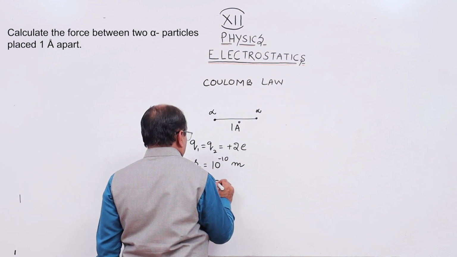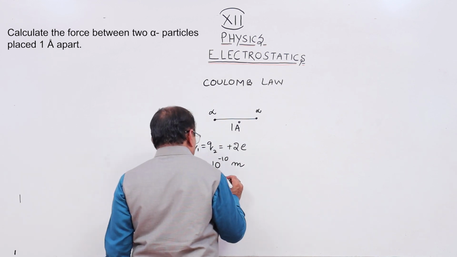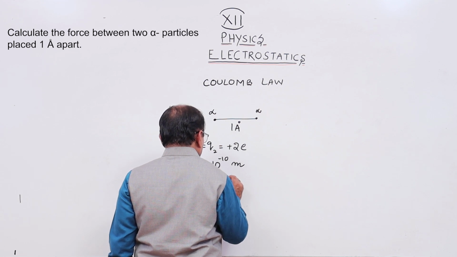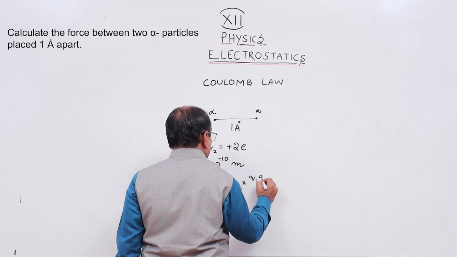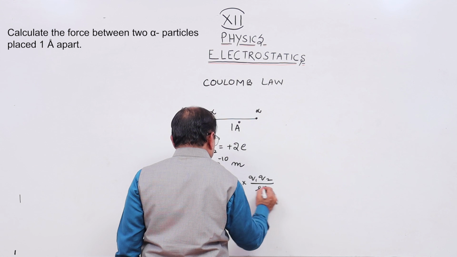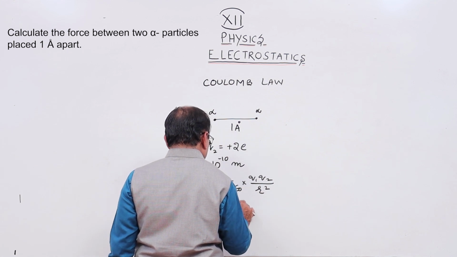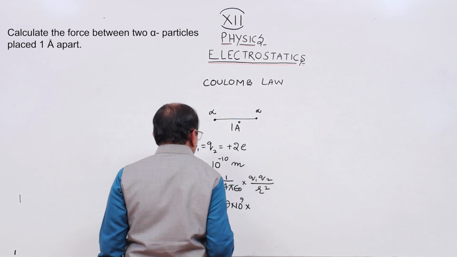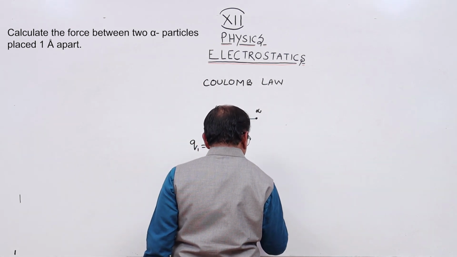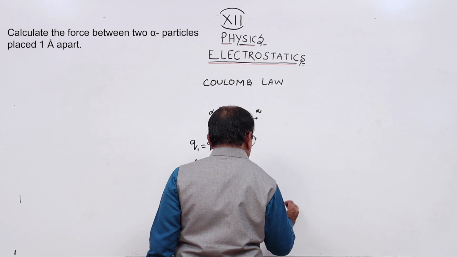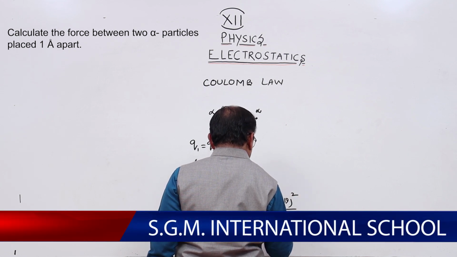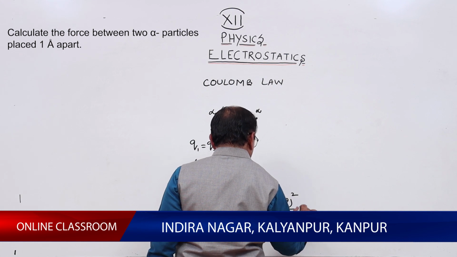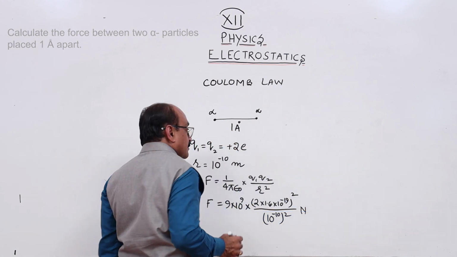And for the force, just apply Coulomb's formula, 1 upon 4 pi epsilon naught into Q1 into Q2 upon R square, that is 9 into 10 to the power 9 into 2 into 1.6 into 10 to the power minus 19, whole square, which can be taken here because Q1 into Q2, upon 10 to the power minus 10 whole square. Solve it, you will get the answer.